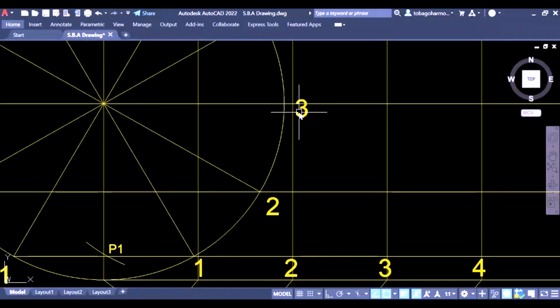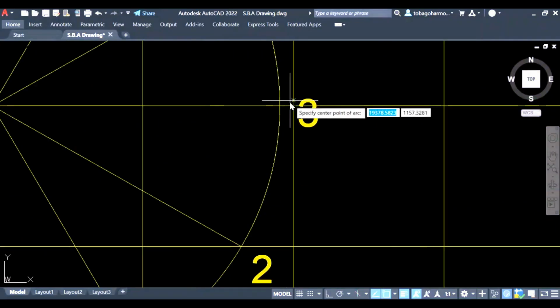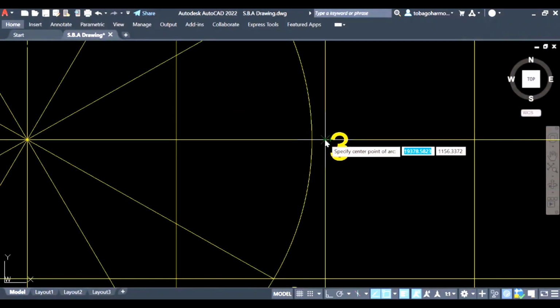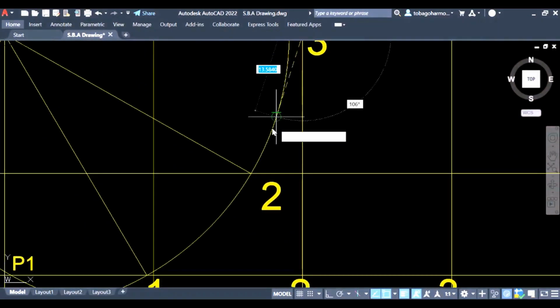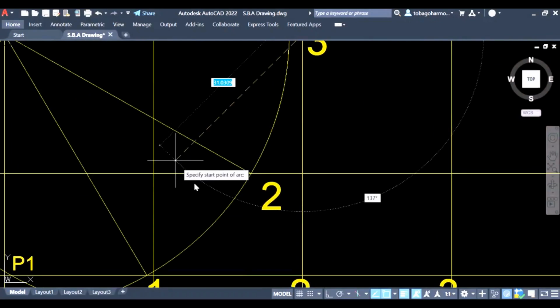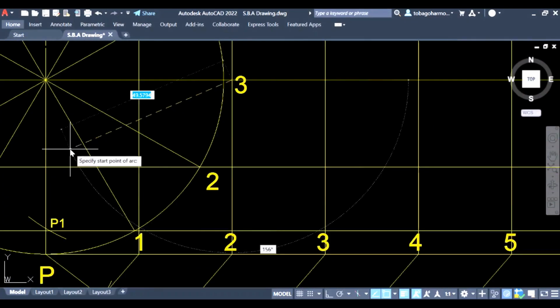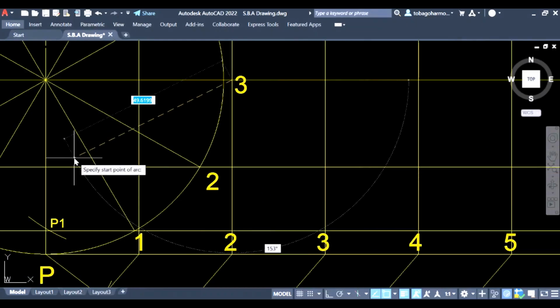Now we're going to draw a second arc. So we're using vertical line 2, and where it intersects with horizontal line 9, 3, which is right here, we're going to draw an arc with a radius of 50 to cut horizontal line 2, 10.